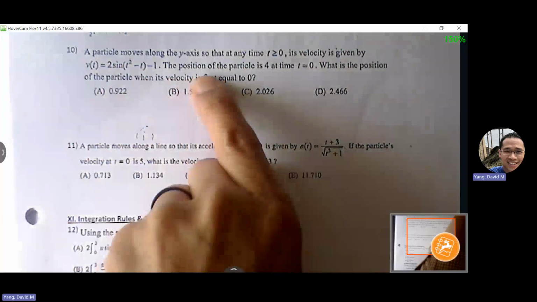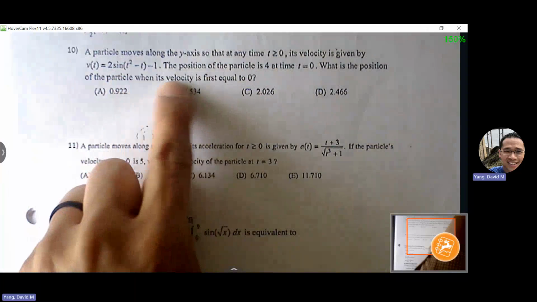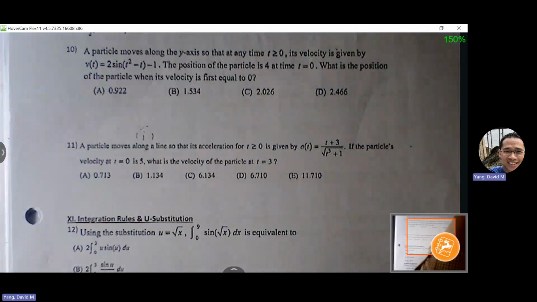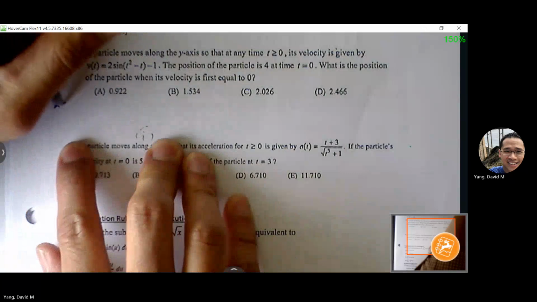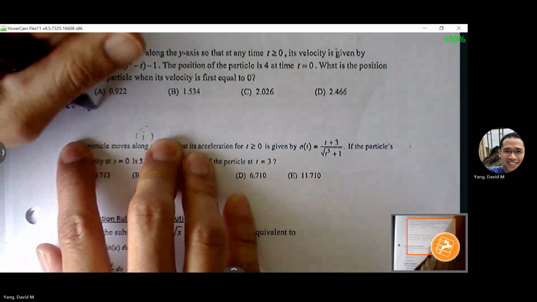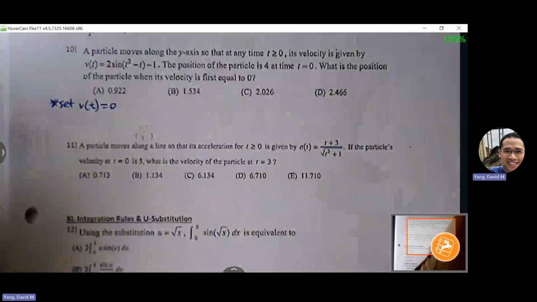Velocity is given by v of t. The position is 4 at time t equals 0. What's the position when the velocity first equals 0? So that's our first goal here. Trying to figure out when is velocity equal to 0? So after we find that time, then we can move forward.